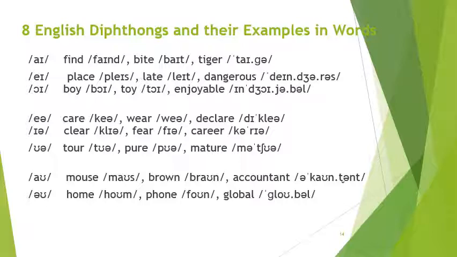Then we have oi as number 3. Oi as in boy, toy, enjoyable. Then we have ear, starting from A, then gliding to R, as in care, where, declare.